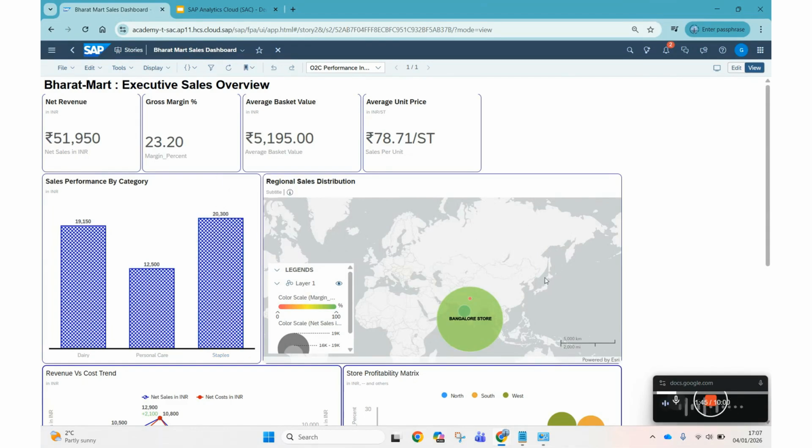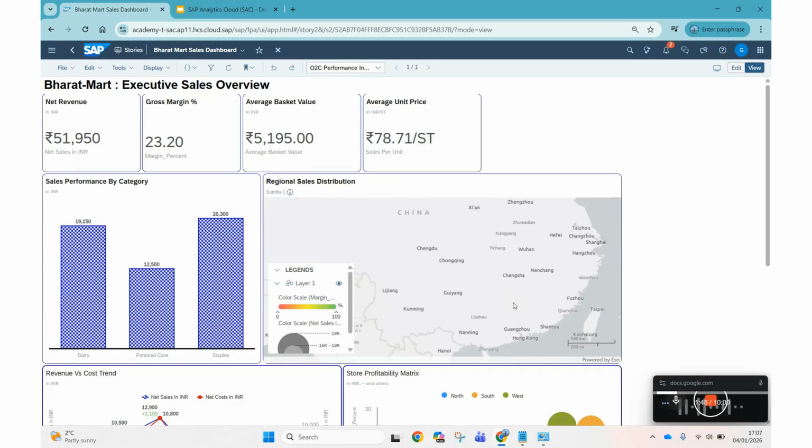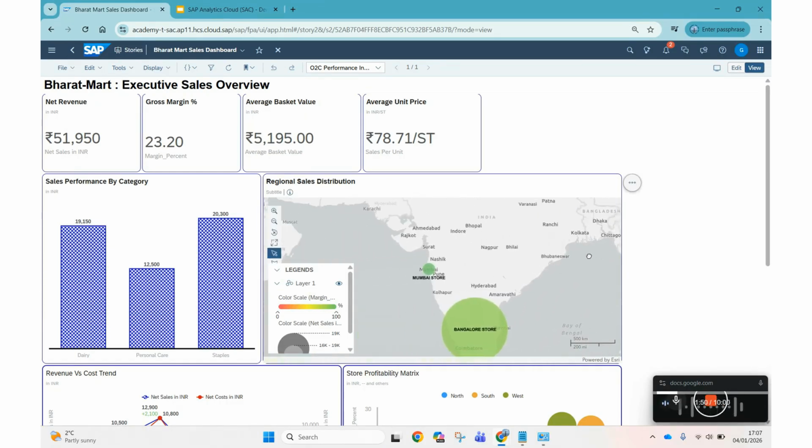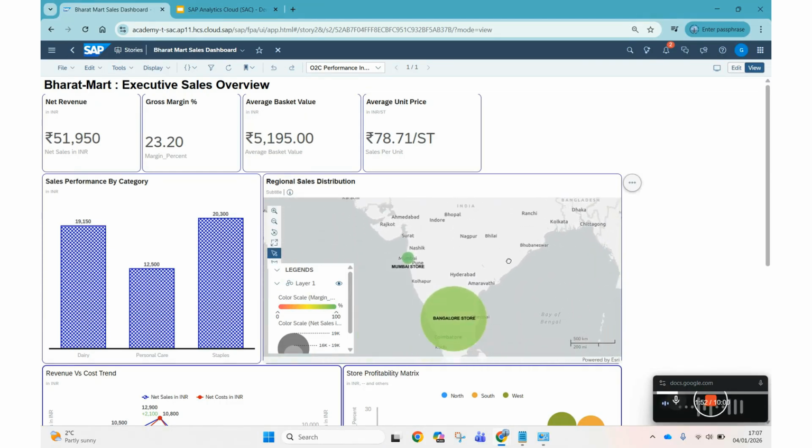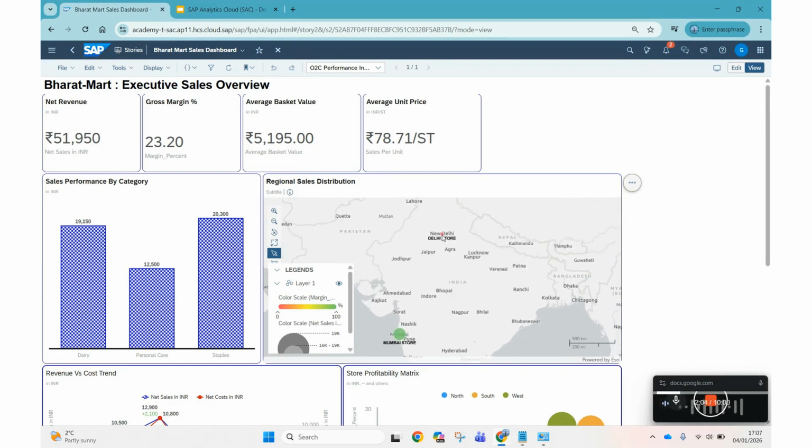Here, you can see the different stores on the geo map where they are located and what their performance is. As you can see, Bangalore is leading the sales by 19,200 as net sales. Mumbai is behind by 6, at 16,600, and Delhi is lagging at 16,150.